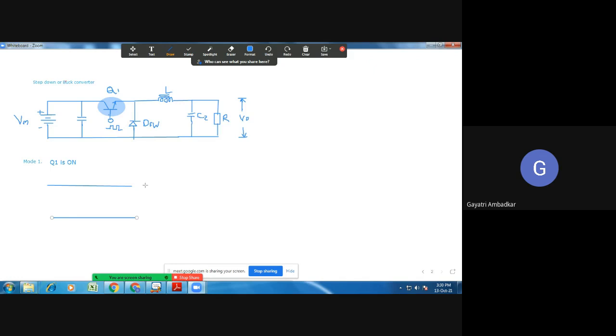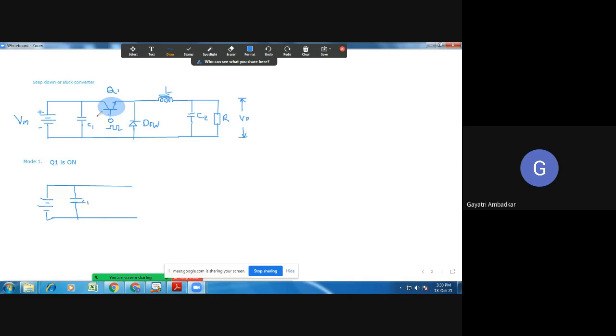Yes, what will happen to the diode? See, this is your input voltage. It's connected there. And this is the capacitor C1.